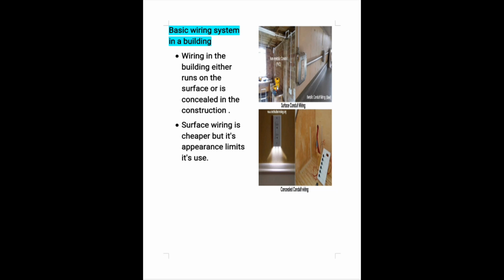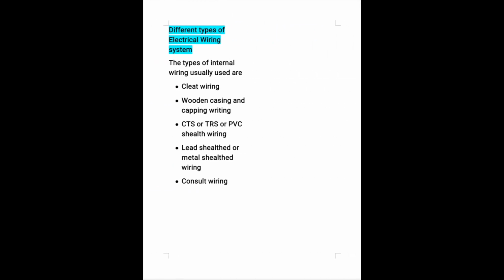Wiring in the building either runs on the surface or is concealed in the construction. Surface wiring is cheaper, but its appearance limits its use. Different types of electrical wiring systems.